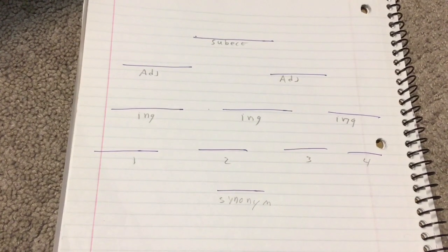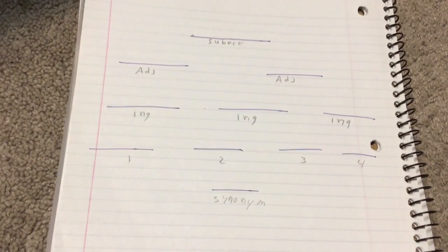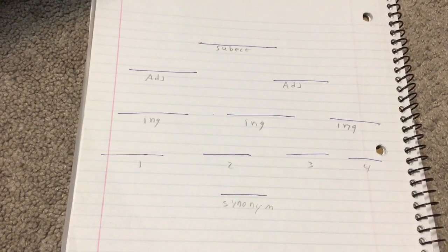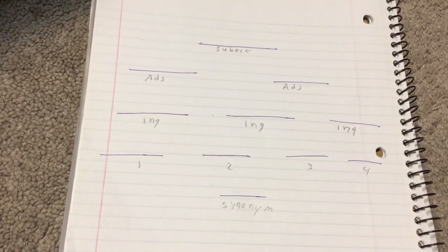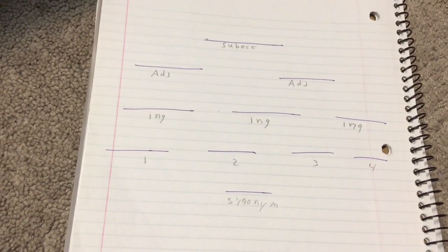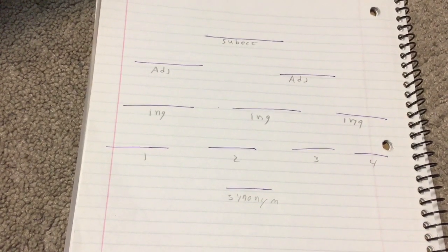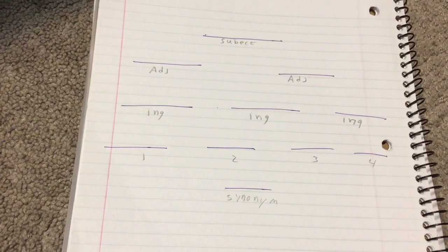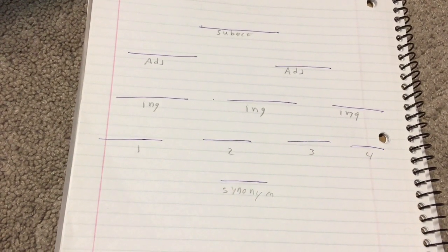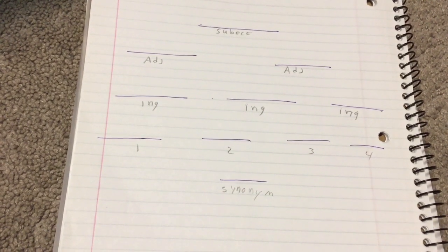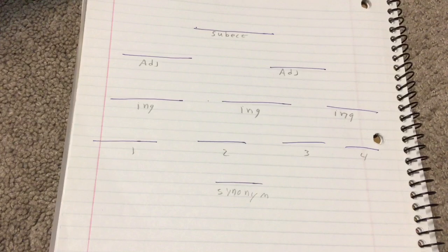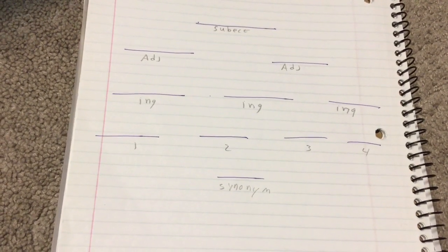Okay, I hope that went well. Now, even before you start writing about your subject, do me a favor and go under those lines and just remind yourself what the rule has to be. This poem has a lot of rules. So remember, the first line is my subject, and then I'm going to write adjectives. So I wrote ADJ to remind me that's going to be an adjective, a word that describes the subject.